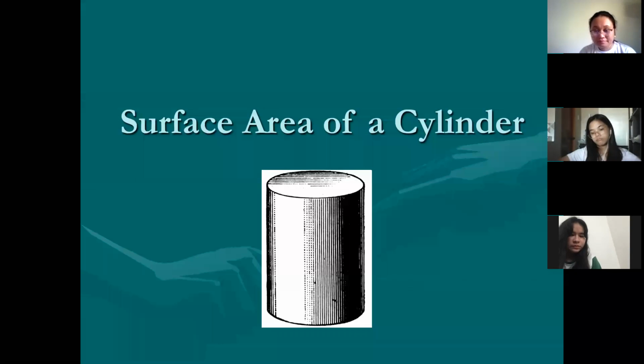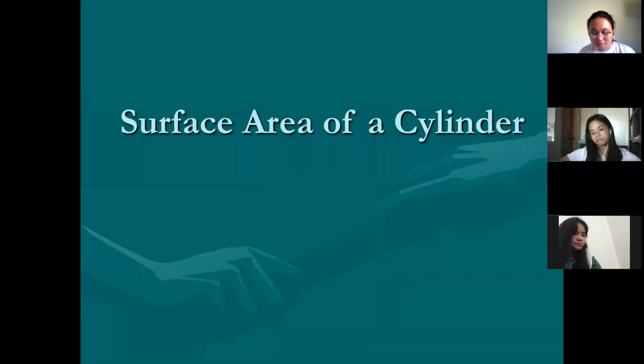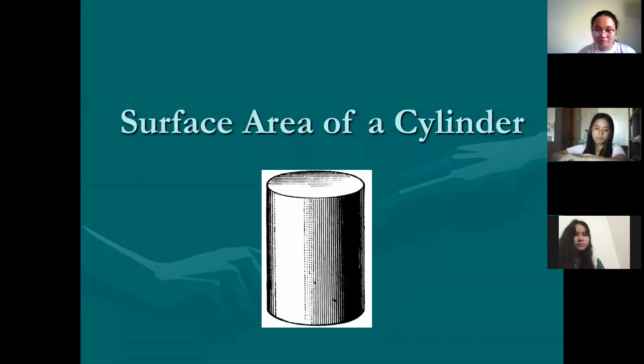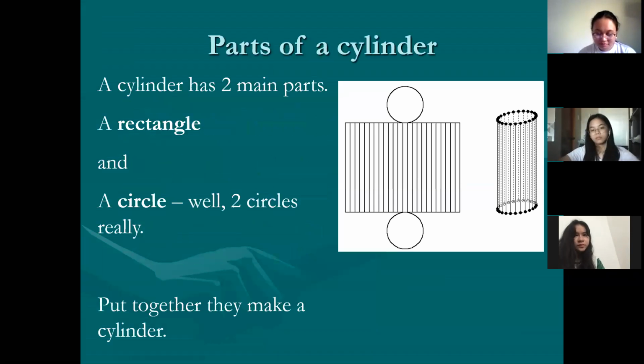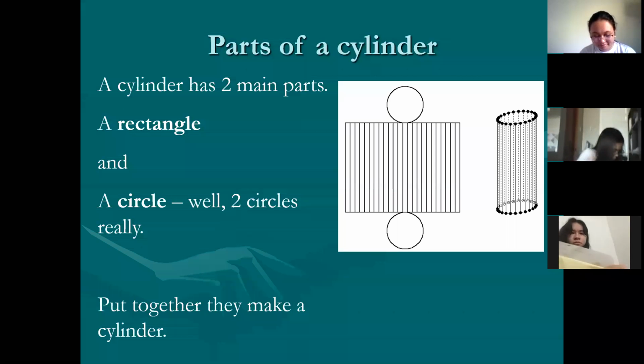For a cylinder, we have here the net figure of a cylinder. Here, class, the net figure of a cylinder is a rectangle and 2 circles. The bottom and the top face, which are the 2 flat faces of a cylinder, are circles and they are equal to each other.